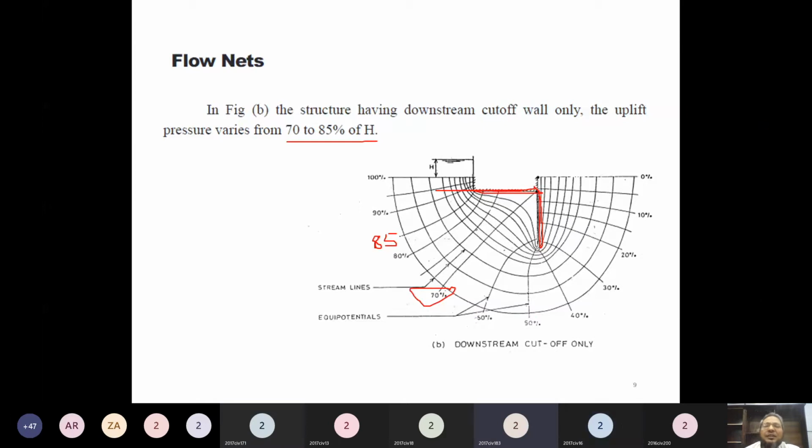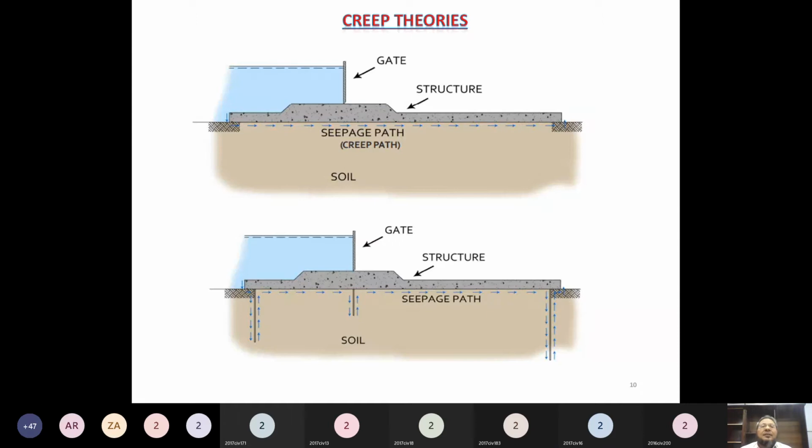But as far as undermining is concerned, the downstream sheet pile is most effective. That we will discuss later, how it is effective.